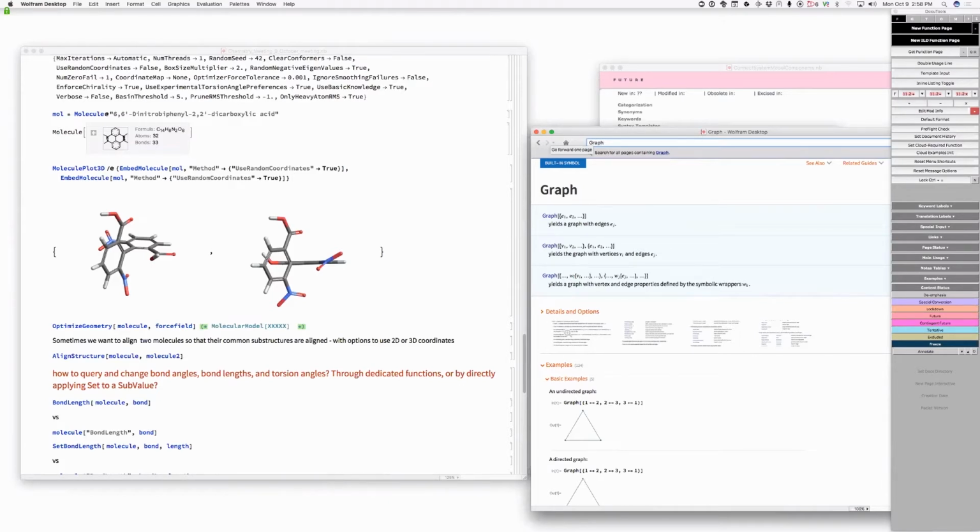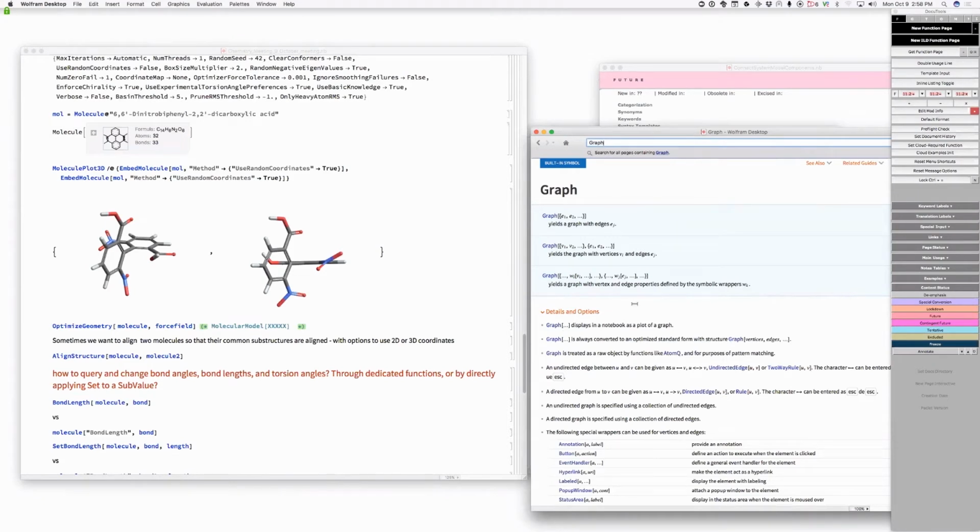Yes, you have a spring and an electrical repulsion. And you can get something reasonable with spring electrical embedding if you add in dummy atoms before embedding and then remove them, so that forces two atoms to have a 120-degree angle in between them because you add this dummy third atom.